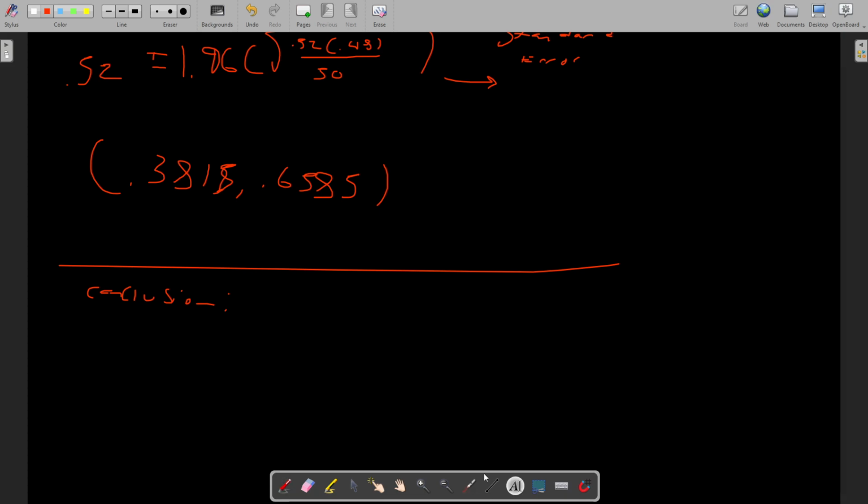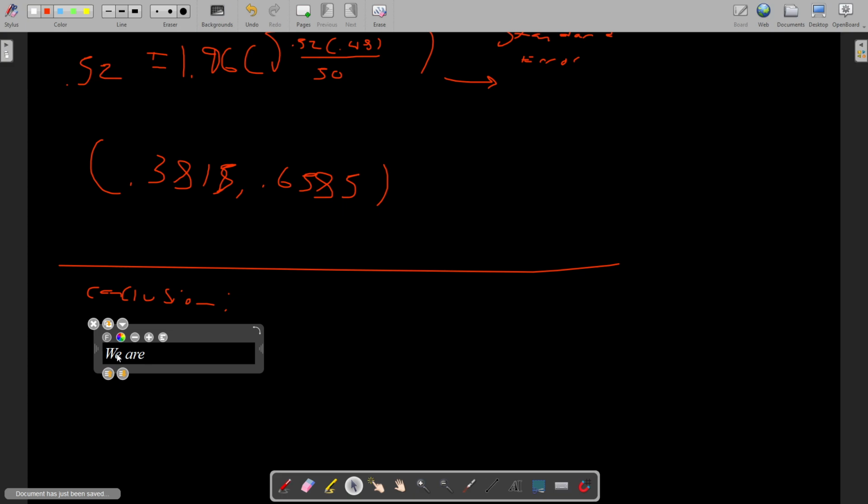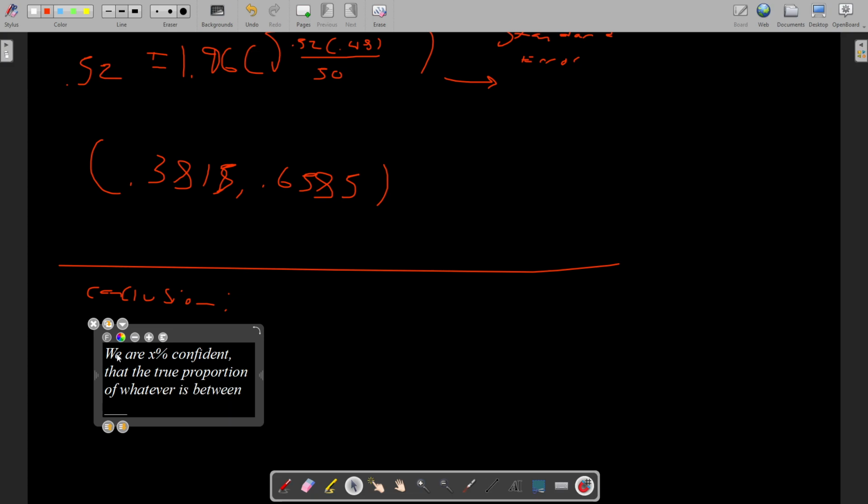So let me write this in a generic way first. We are X% confident that the true proportion of whatever is between blank and blank.